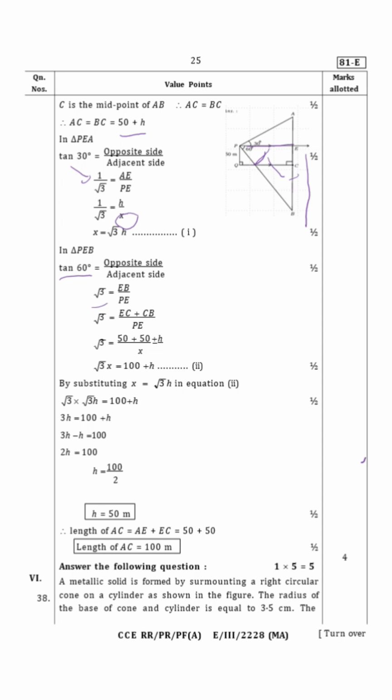So root 3 is equal to, EC is 50 meter, we have already calculated it, 50 plus H. So root 3 X is equal to 100 plus H. This is 50. This is 50 plus H.